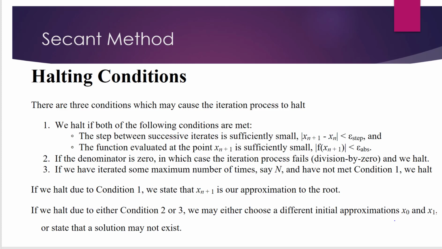The second halting condition: if the denominator is 0, then the iteration process fails because we have a division by 0 problem, and then we halt.